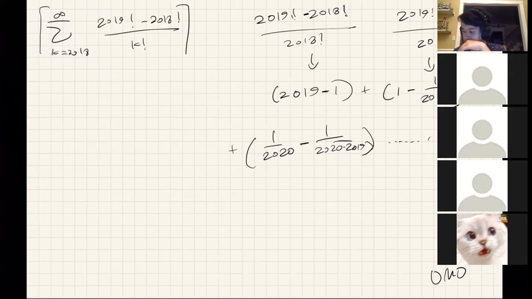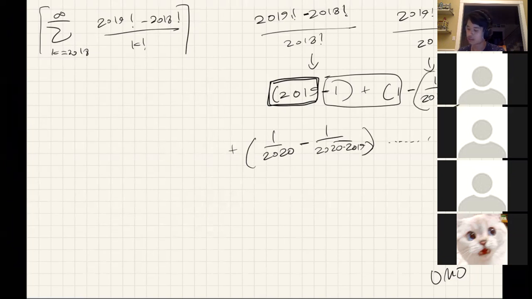So what are we left with? The key is to focus on the integer term. So we start with the integer term 2019. Since these terms cancel, all of the remaining terms are going to be very small. 1 over 2019 is a very small number, and these are even smaller.